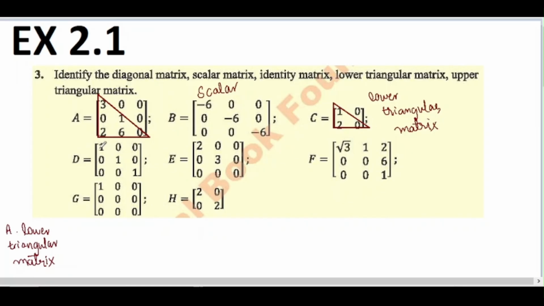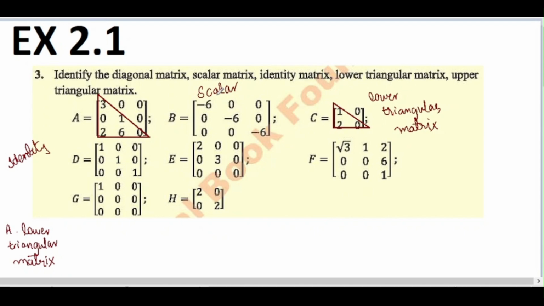Now moving towards part D, there is 1 in the diagonal and zeros in the non-diagonal entries. So what would it be? Yes, it's very simple. It is an identity matrix. If there would be a 3, 3 and 3, what would it be then?